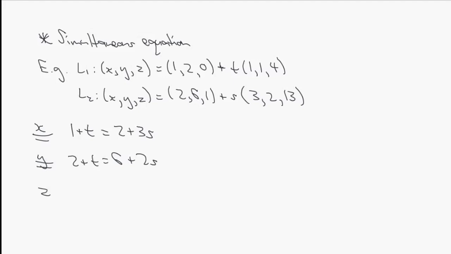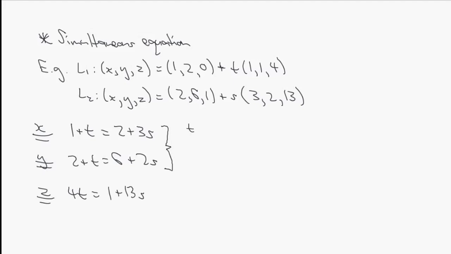And for z, it will be 4t equals 1 plus 13s. So first, we'll just put z aside. Now we'll work on x and y like usual.